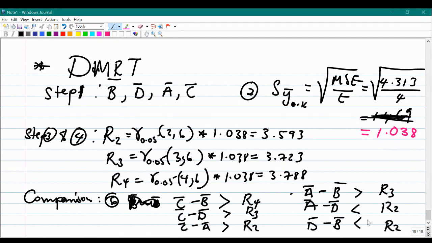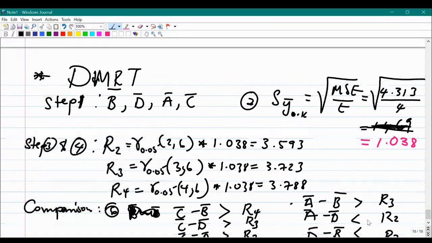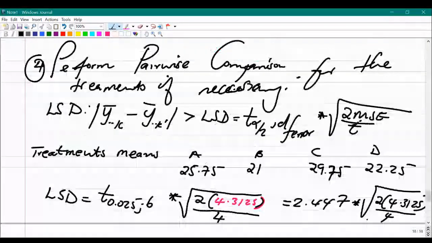So this is how you perform the LSD, the Latin square design problem. If you have noticed, constructing an ANOVA table is the easiest.